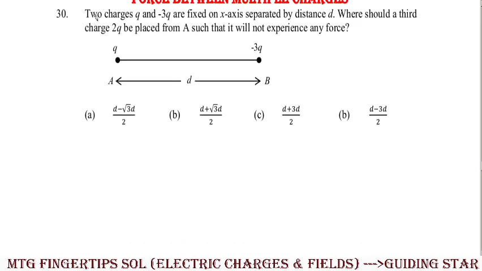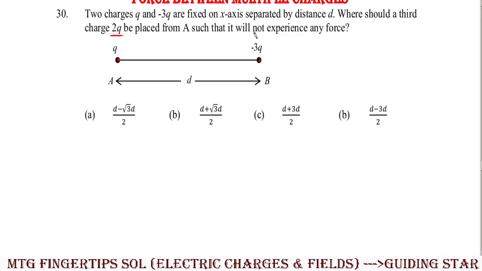So here the question is two charges q and minus 3q are given. Here it is q and minus 3q fixed on x-axis separated by distance d. Distance d is given. Where should a third charge plus 2q be placed? The location of plus q charge is a, and location b is location of minus 3q charge.